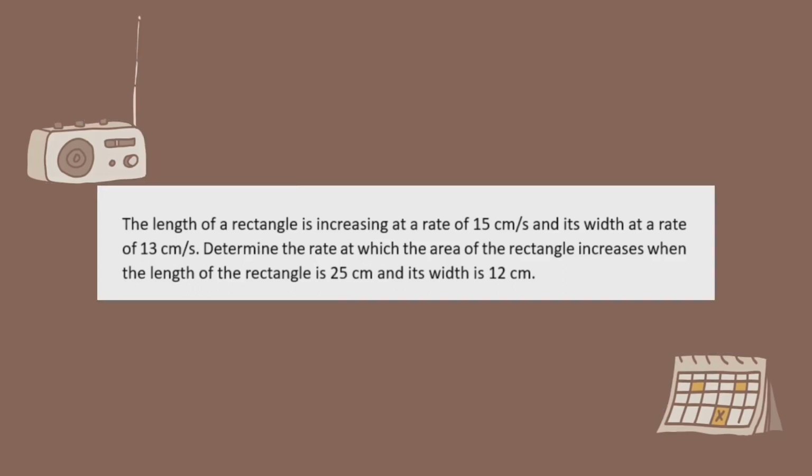The area of a rectangle is given by the formula A equals L times W, where L is the length and W is the width. We can use the chain rule method to find the rate of change of the area with respect to time. The chain rule states that dA over dt equals dA over dL times dL over dt plus dA over dW times dW over dt.